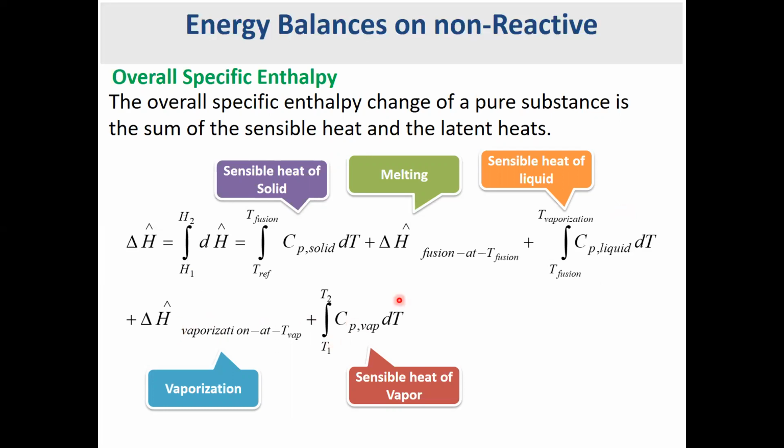And at the final stage, you can calculate the changes of the temperature at constant pressure to reach the final value of the pressure. So that is the way we quantify the overall specific enthalpy for a pure substance, through the sum of sensible heat and latent heat.